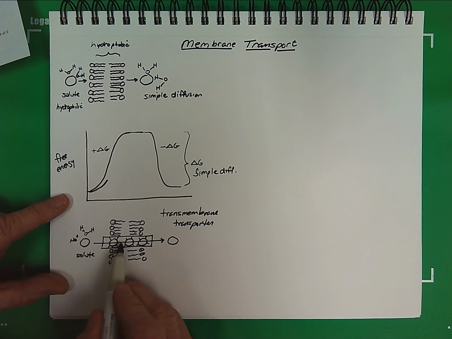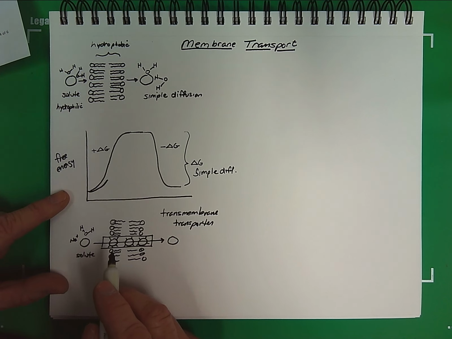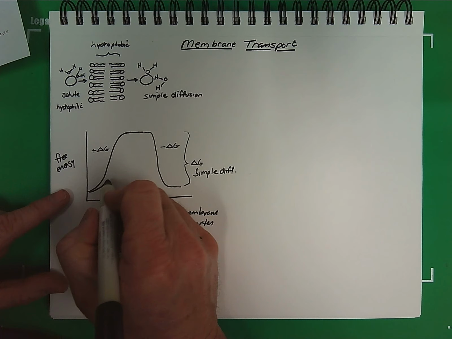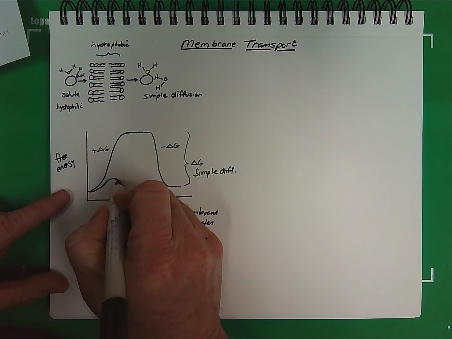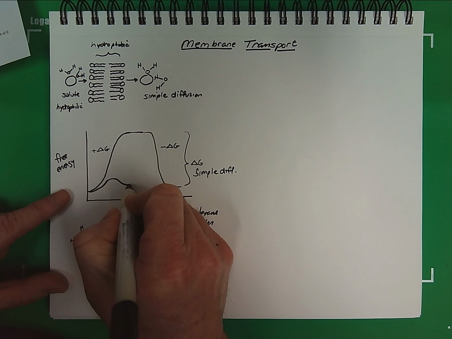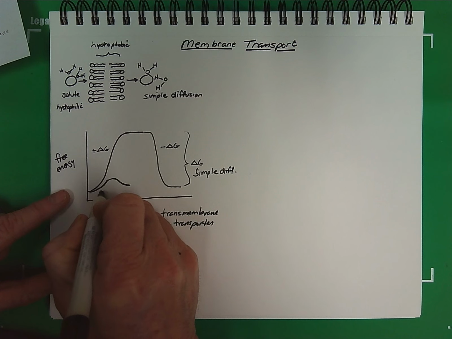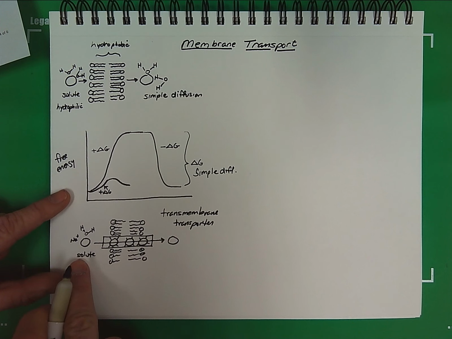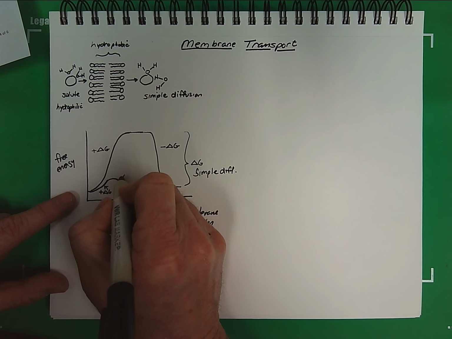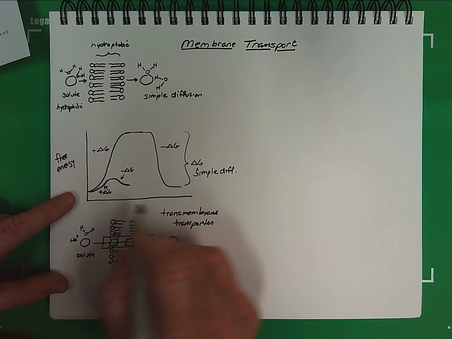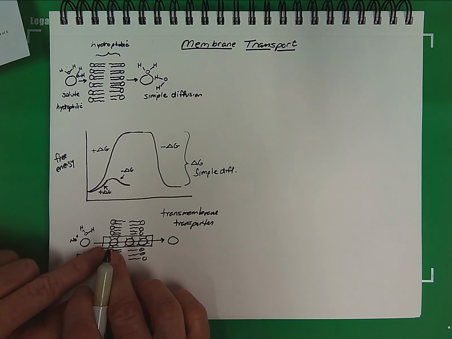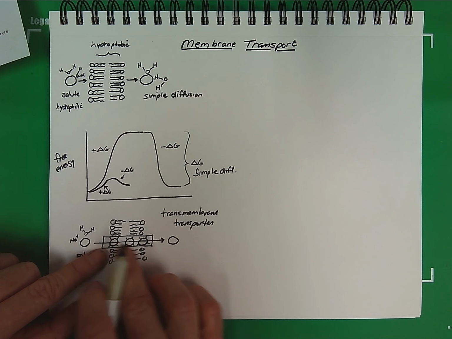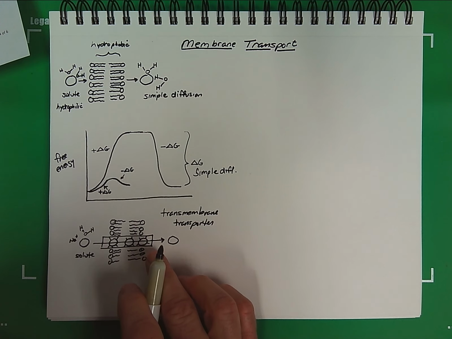And the solute forms bonds. And recall, when we form bonds, this is going to be a negative delta G. So the bond forming reduces it. So we have an input in free energy requirement to dissociate the solvent molecules from the solute, and then we have a gain of energy as the solute reforms interactions, positive bonding, with the transporter.